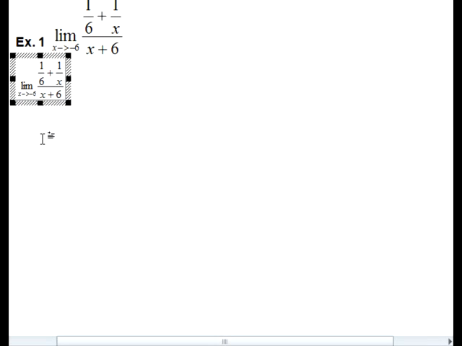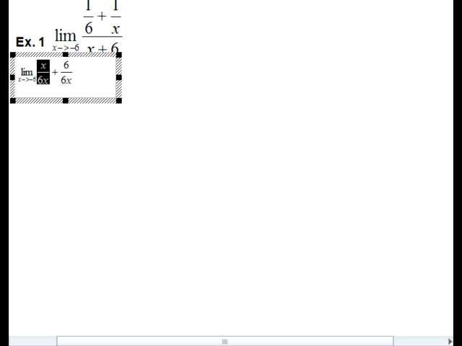Okay, what I'm going to do is add the numerators together. So I'm going to find a common denominator for the numerators, and write that as x over 6x plus 6 over 6x. I'm going to multiply the entire thing, big brackets, by 1 over x plus 6.